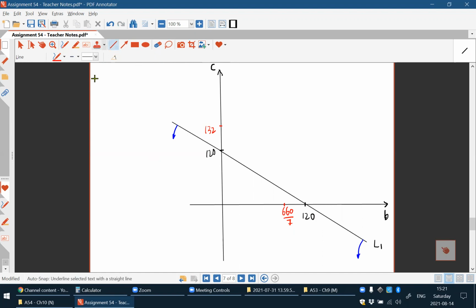Okay, so the second line should look like this. Let's draw this a little higher.